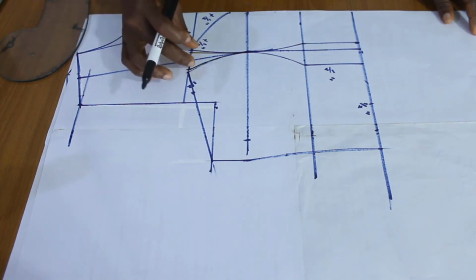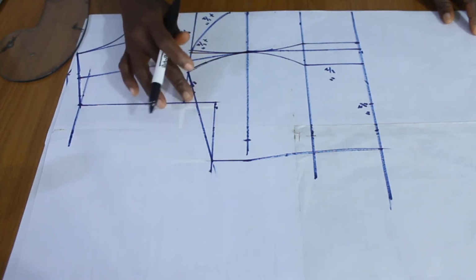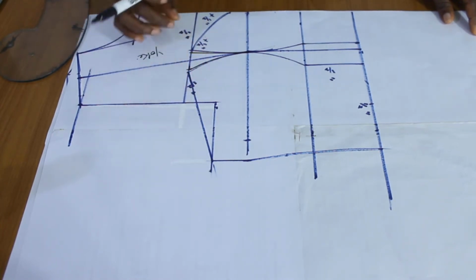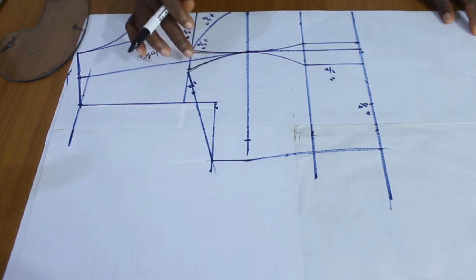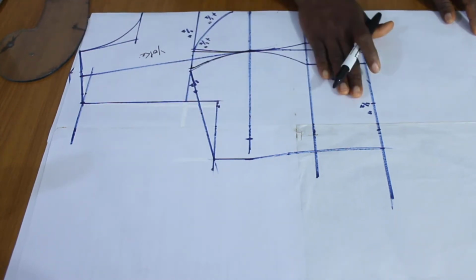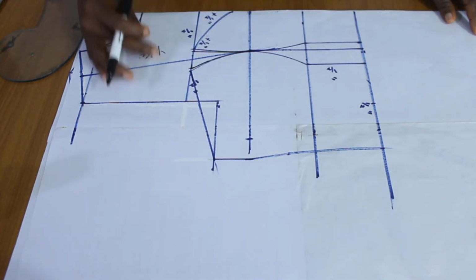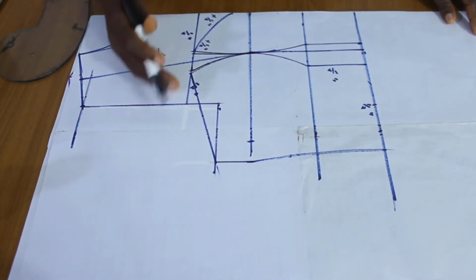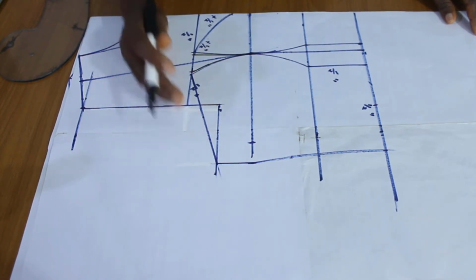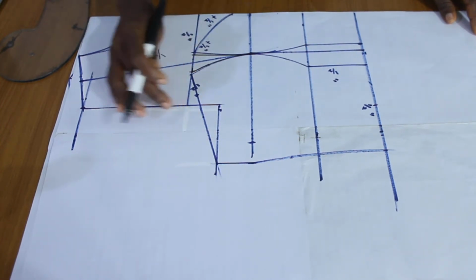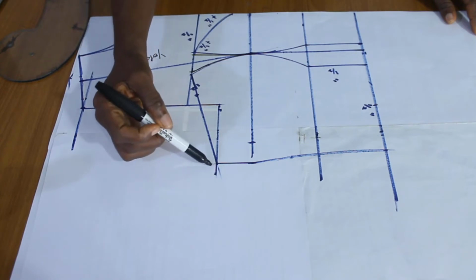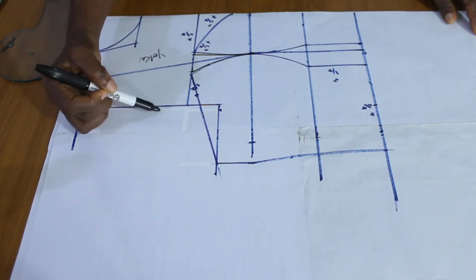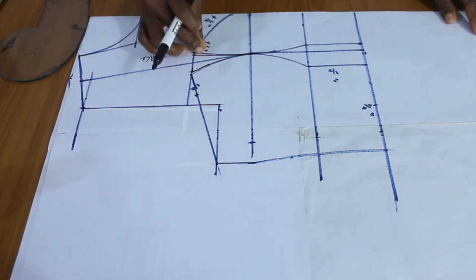Why? Because when you hold this together, it reduces the across chest of the main body, so you need this. By the time you place this on it, it might be a bit wider. If you put the shape of your armhole, it brings it inside.